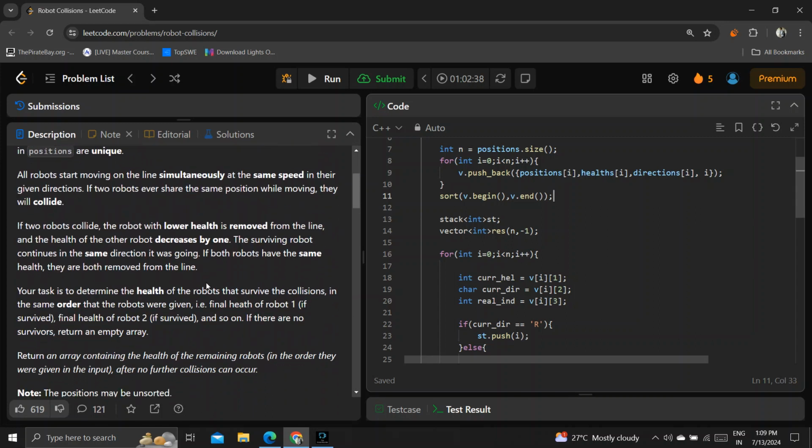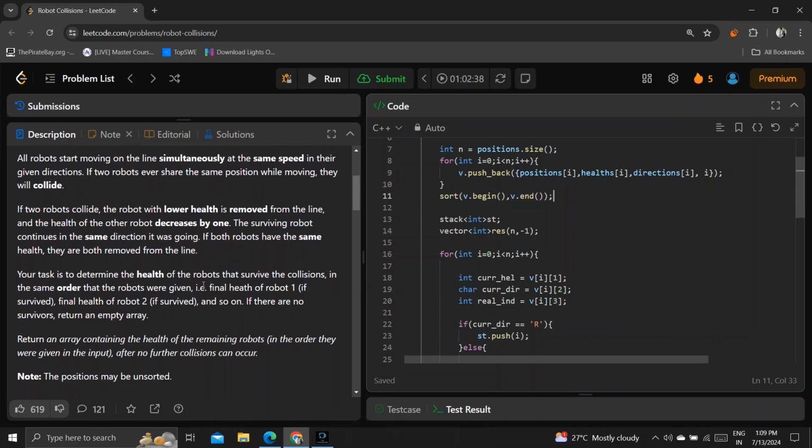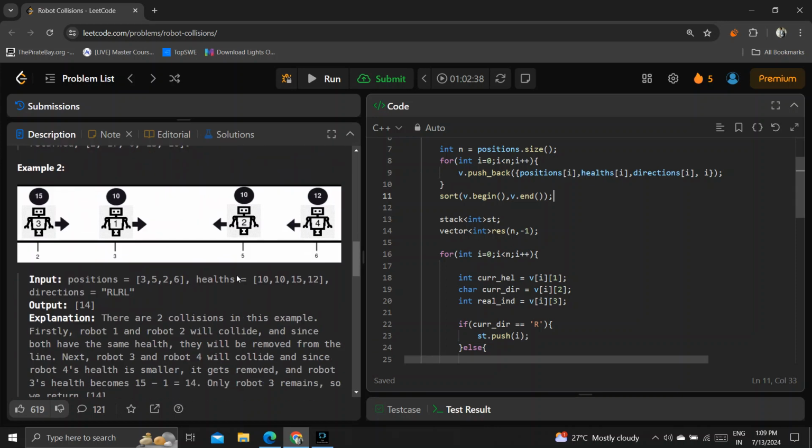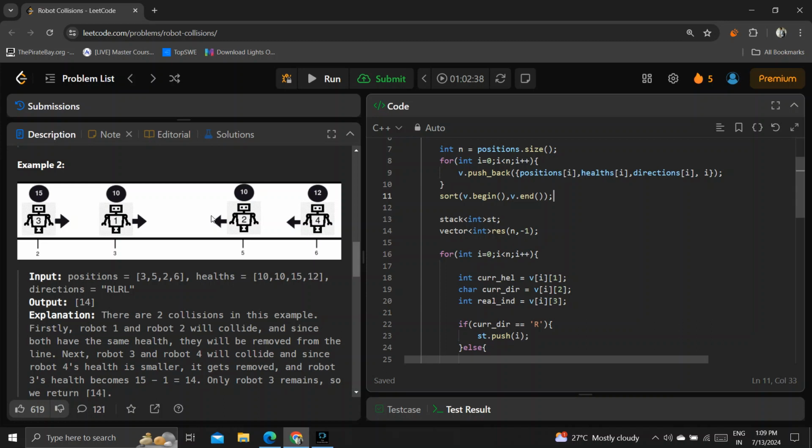Right. So at the end, our task is to return a vector containing the health of all the robots that have survived. For example, if this robot survives and this robot survives, then we have to send the health of these two robots.